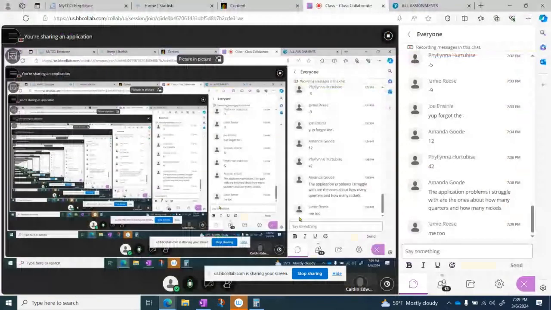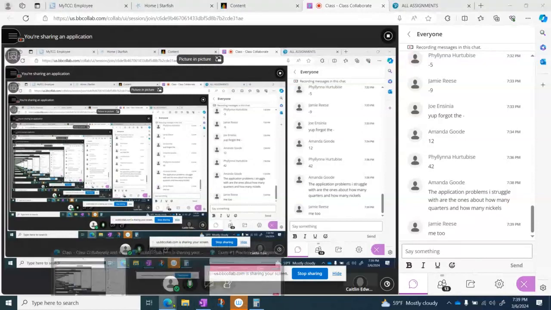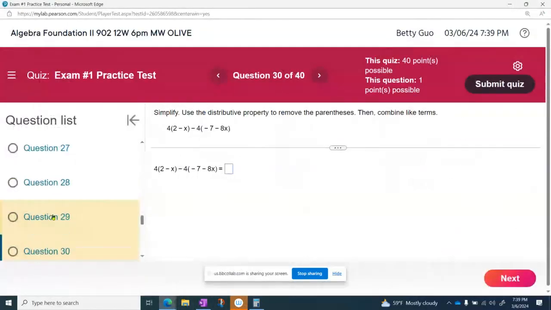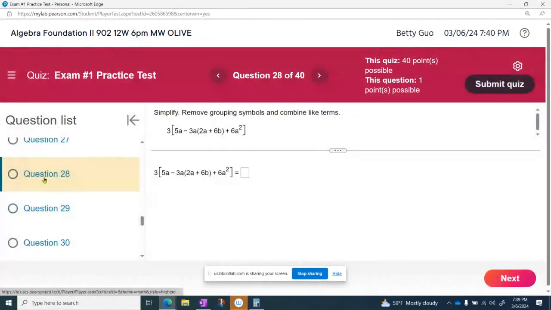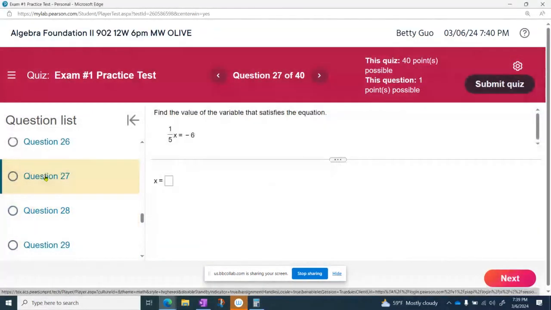Distributive property. The application problems I struggle with are the ones about how many quarters and how many nickels. Okay, and let's skip this problem and let's find little Melinda, right? I remember. Let's find that question.